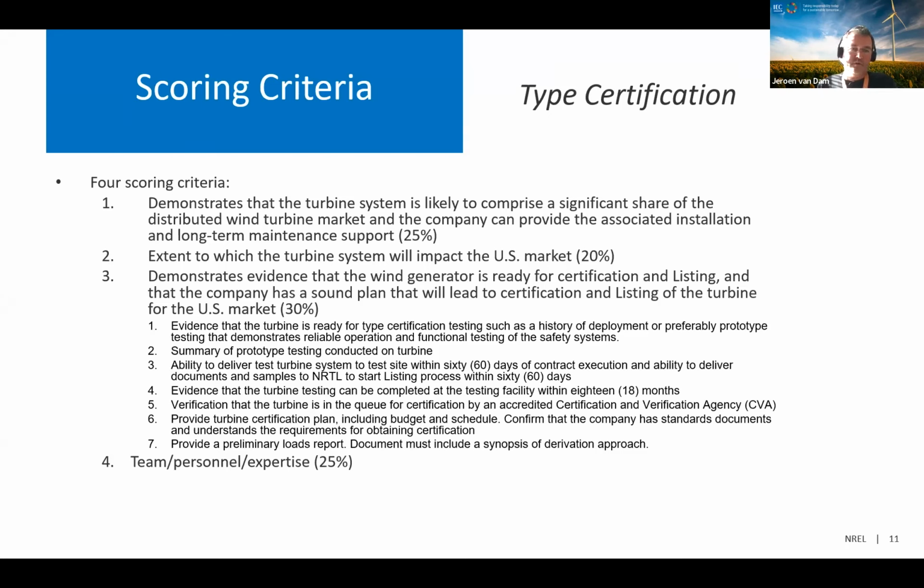To that end, also number 4 there, we want to make sure that the test site, the test facility you've selected can complete the testing within reasonable time. So if you're trying to certify a turbine to class 1, very high wind conditions, but you select a test site that's more in line with class 4, it would take either a tremendous long time, or you'd end up with a lot of exceptions on your certificate, which is really not what we're going for.